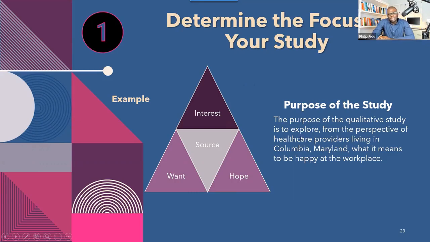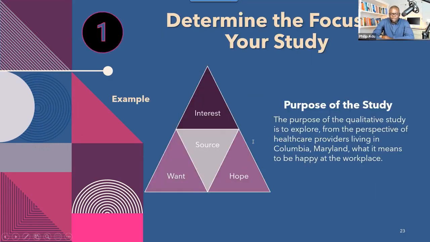So I just want to understand what it means to be happy at the workplace. And the place that I might be able to get participants to talk to might be Columbia, Maryland. You see how I'm looking for a place where there's a high probability for me to get access to participants to talk to, because my focus is to understand what happiness is in the workplace.